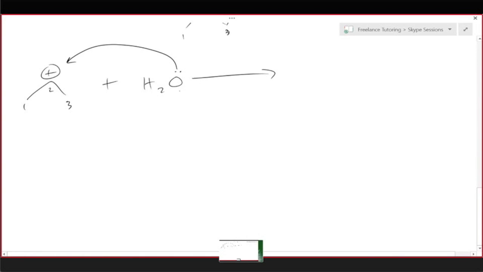Okay, so the oxygen from its lone pair would be a nucleophile. That's right. So why is the oxygen a reasonable nucleophile? Because it has a lone pair of electrons. That's right. Great. And what role is carbon-2 playing? Carbon-2 would be the electrophile. And why is that reasonable? It's receiving electrons to join with a nucleophile.